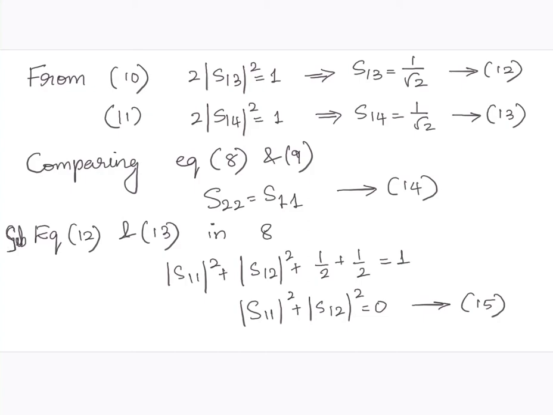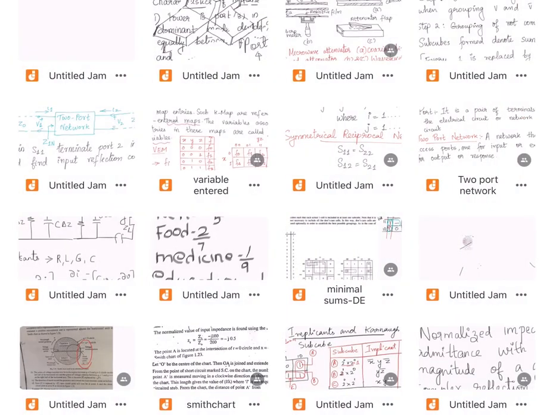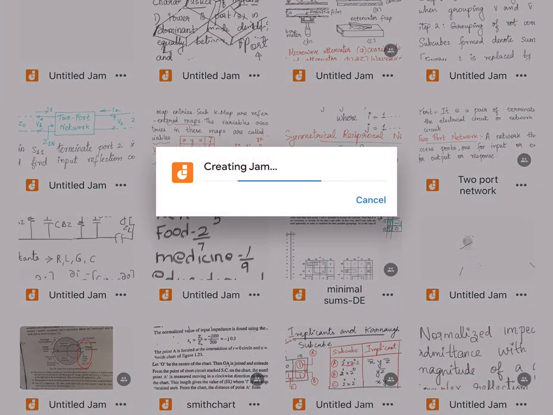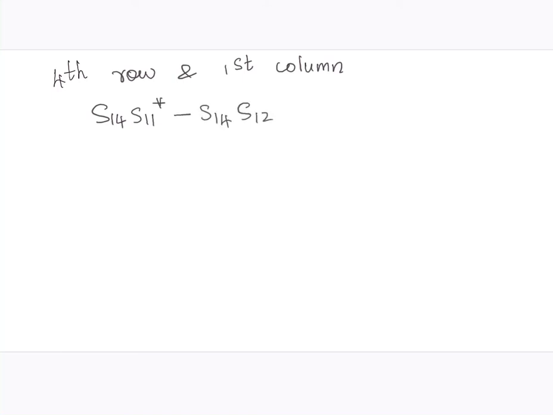Also, if you consider fourth row of first matrix and first column, we obtain it as S14 into S11 conjugate minus S14 into S12 conjugate is equal to 0.